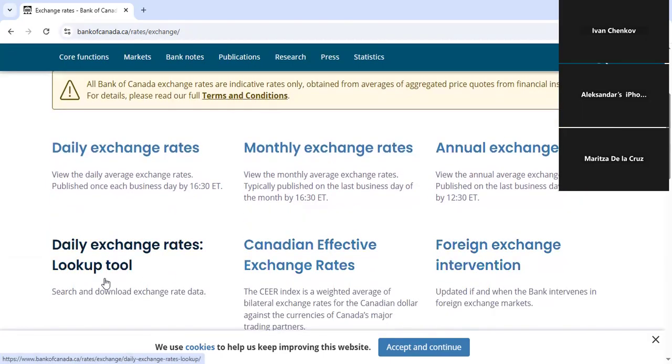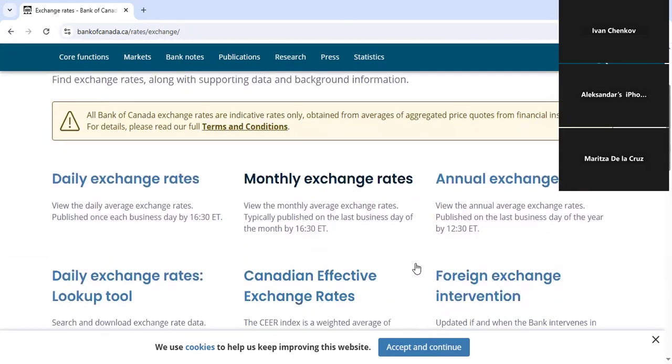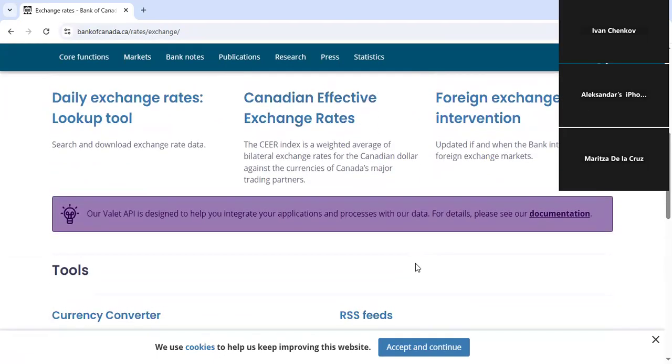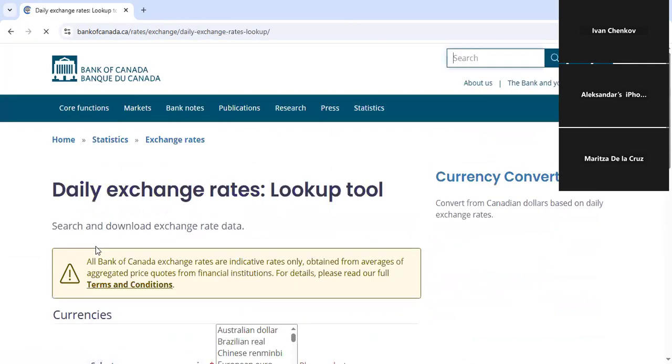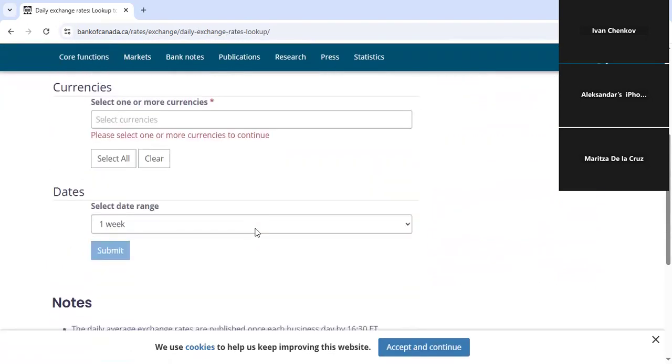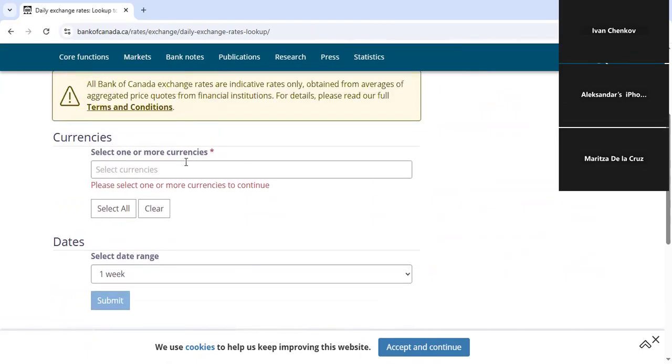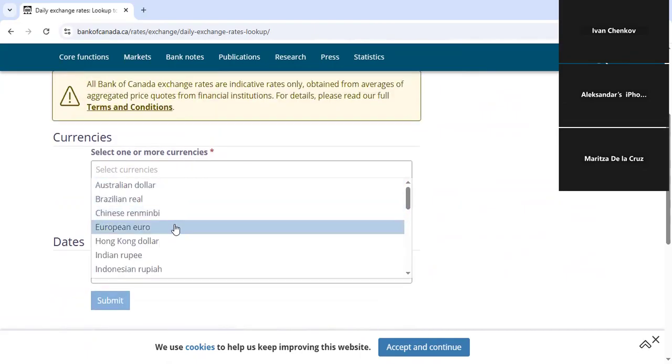Daily exchange rates, Canadian effective exchange rates, foreign exchange conversion, all the information is given. If you go to the daily lookup exchange rate, it's going to ask you for which currency. Obviously, we're looking for, let's say, the euro.